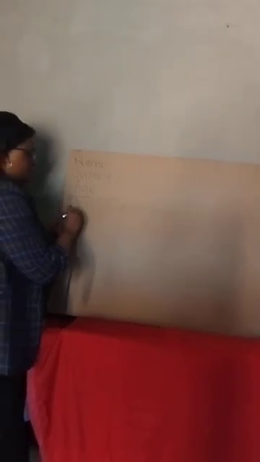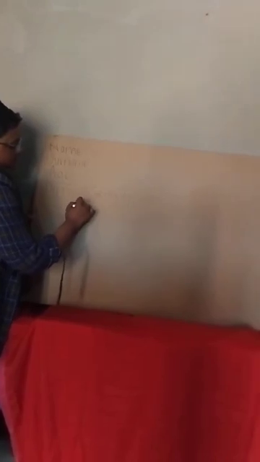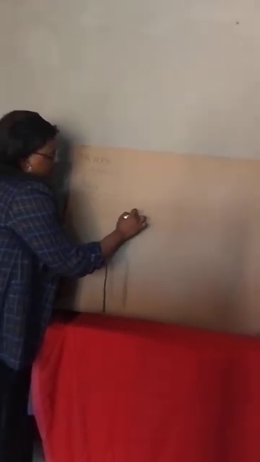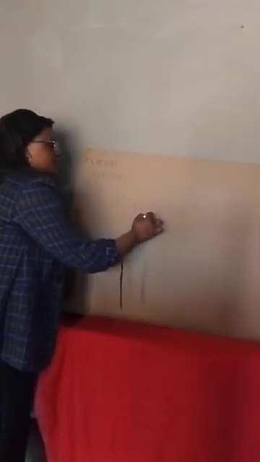So first we have integers. Integers are whole numbers: 1, 2, 3, 4, 5. They are all whole numbers.